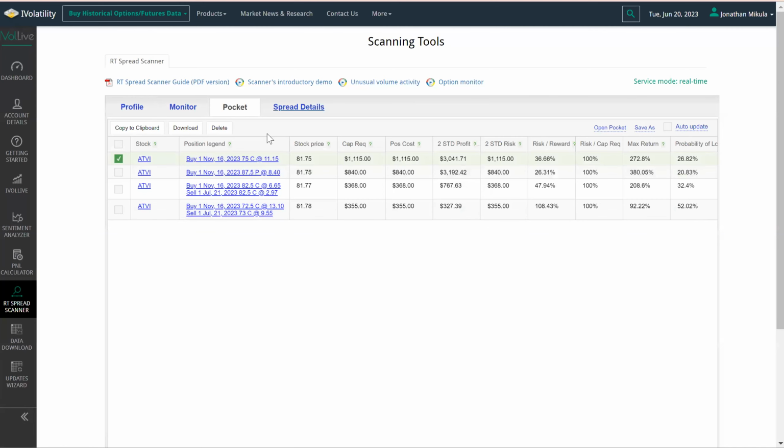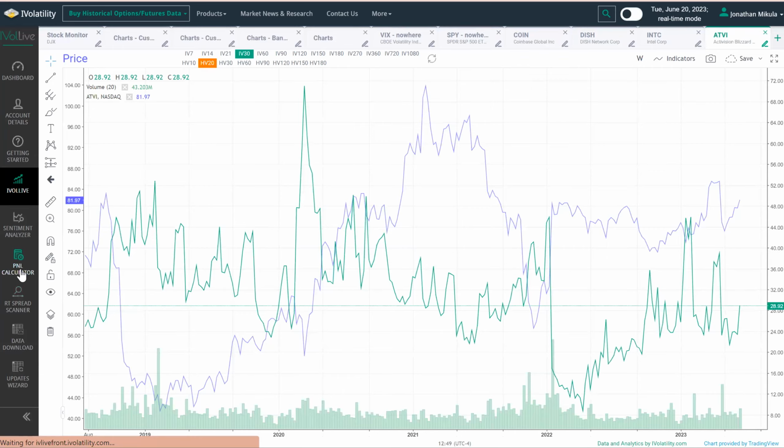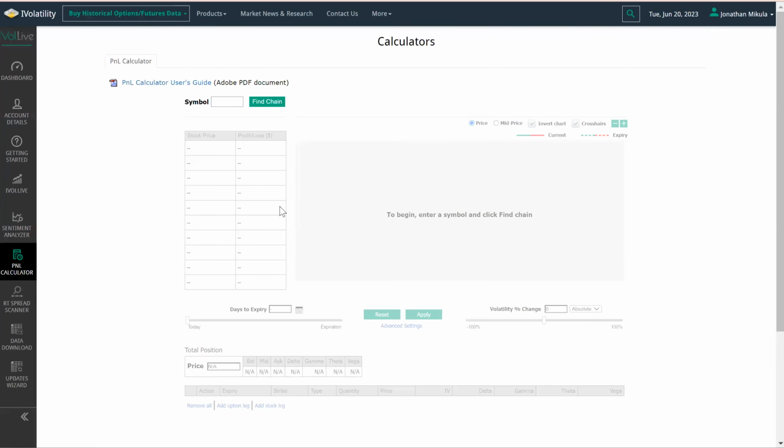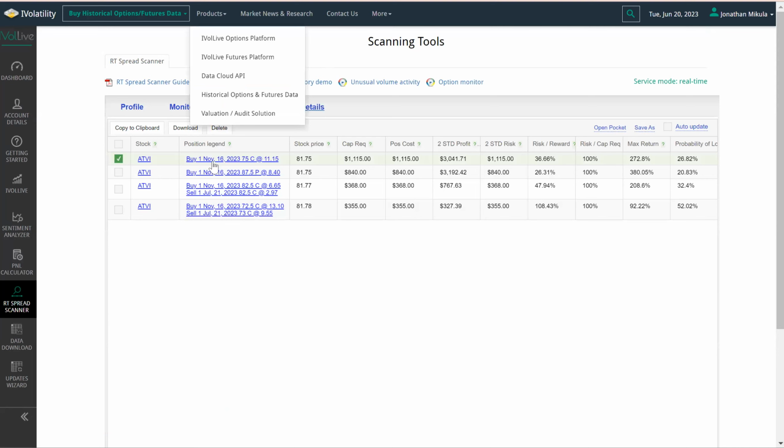You can also keep this tab open, come to the P&L calc, and run the scenario through the full P&L calculator here. We would just add in the trade, because with the P&L calc, you can add options legs, et cetera, et cetera. So that's another use you can do.